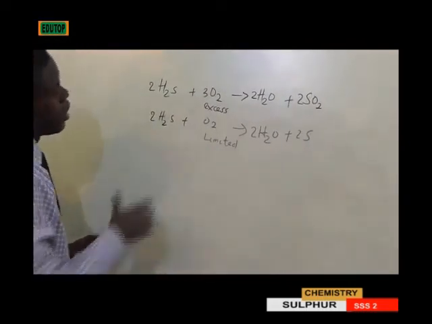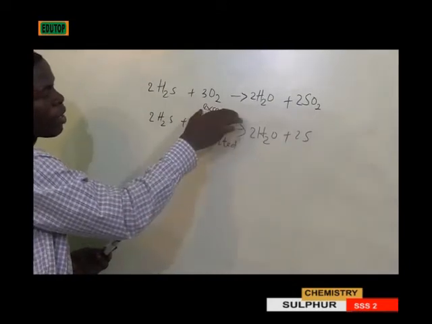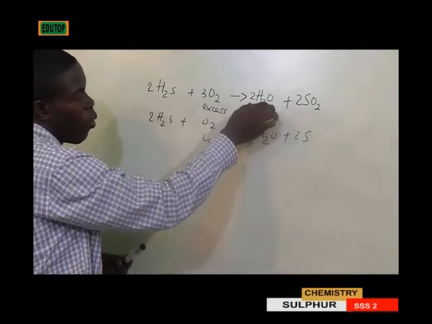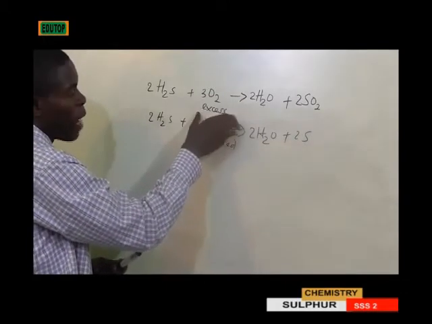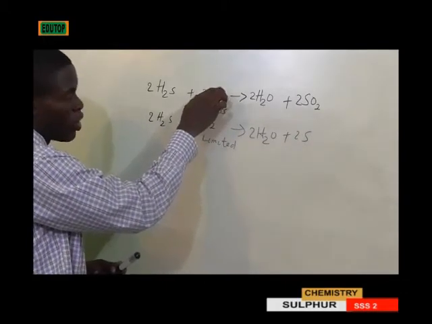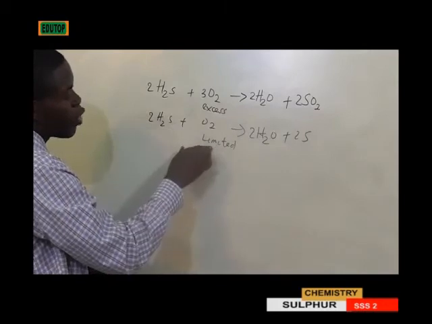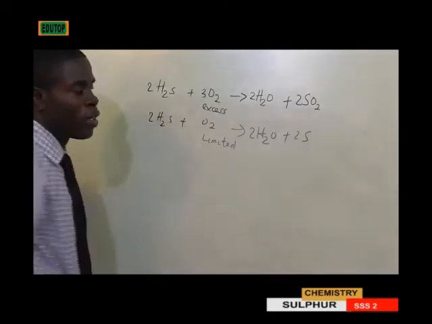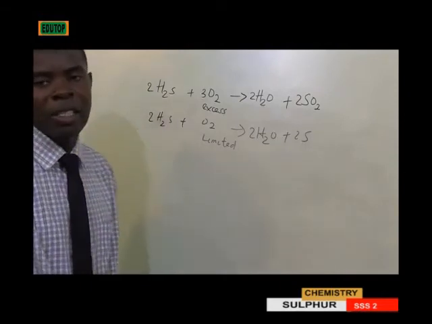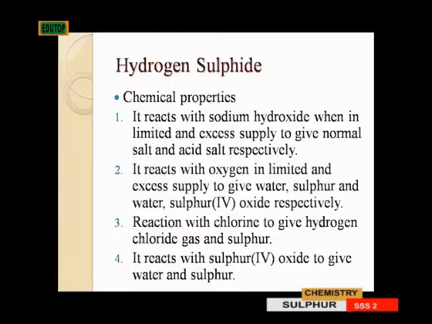So hydrogen sulfide gives water and sulfur oxide in excess supply of air, which is oxygen. In the limited supply of oxygen, it gives water and sulfur. So that is the difference between them.